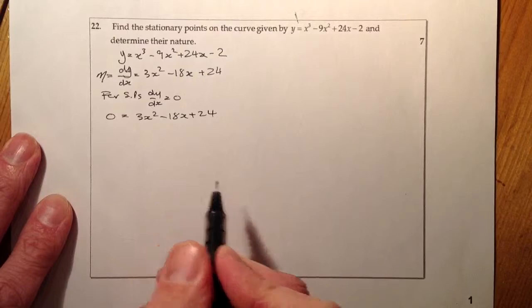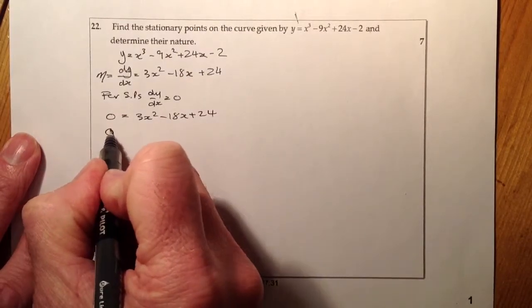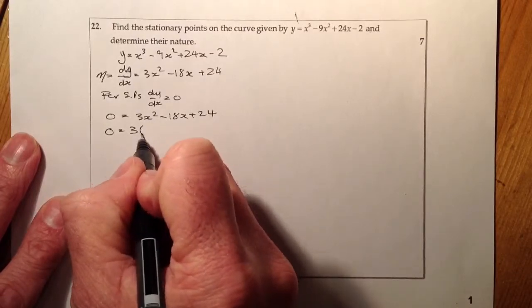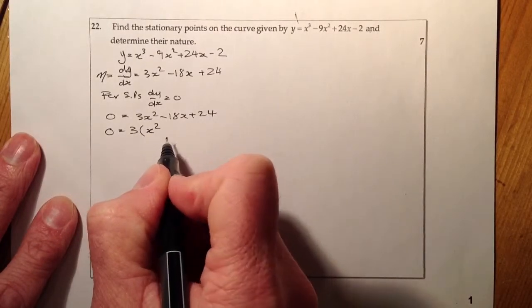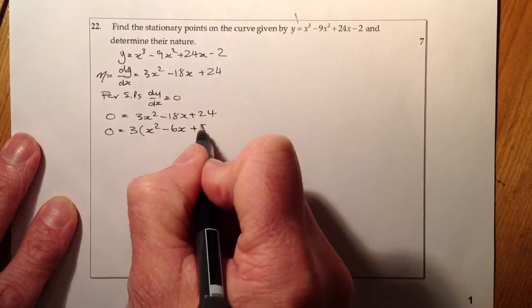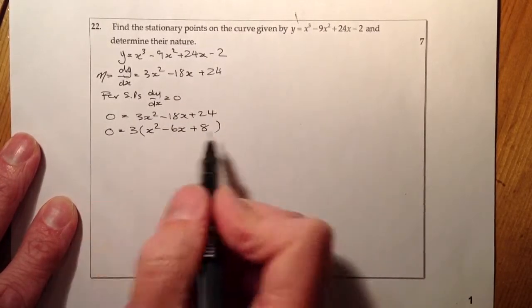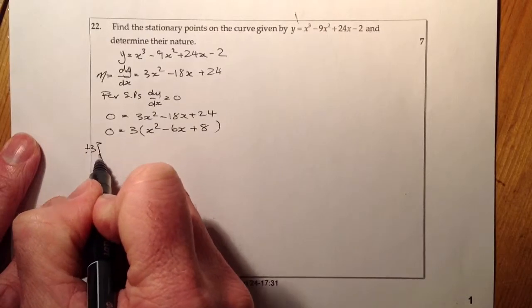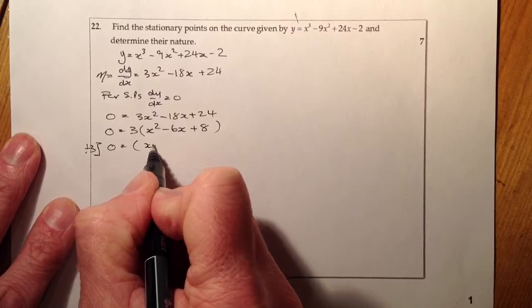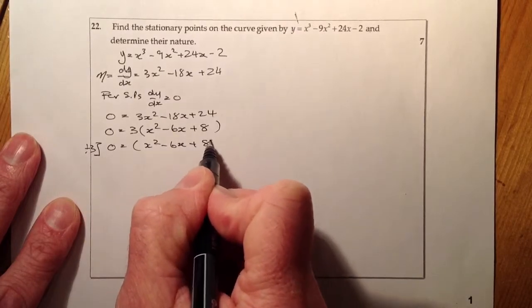To factorise this, I'll take out a common factor first of all. I can take 3 out as a common factor to make it easier, or I can factorise it straight away. But let's take out the common factor and make it a bit easier for ourselves. That's going to be minus 6x plus 8. I'll divide each side by 3 and remove that 3 that's there. So that just leaves me with x squared minus 6x plus 8.